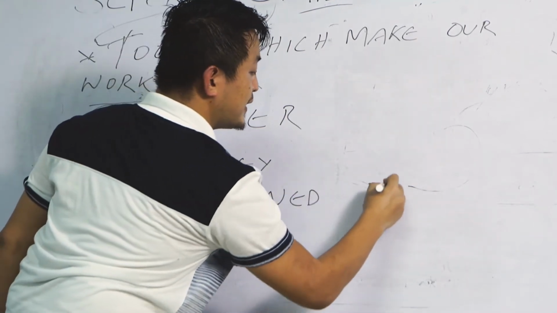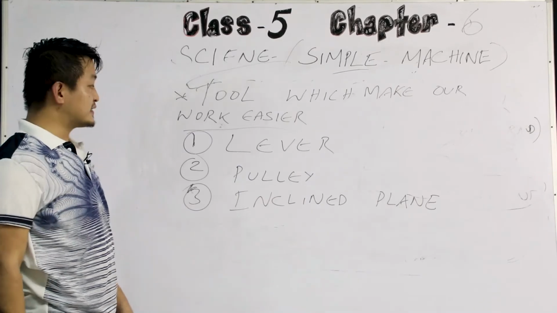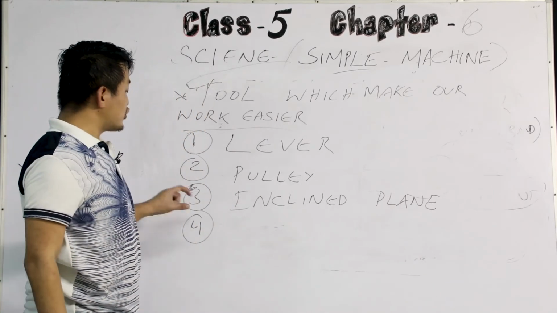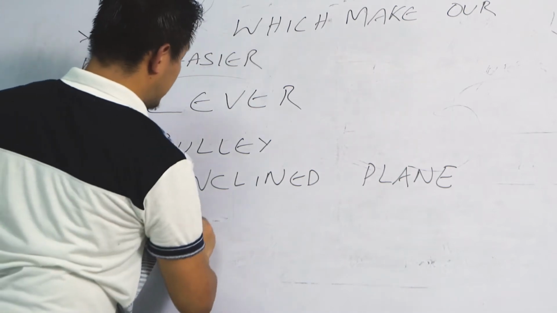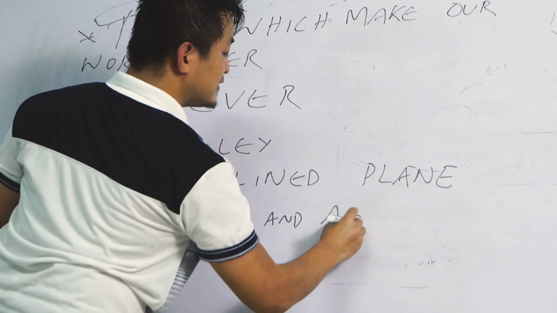Inclined plane. Clear? The fourth type of simple machine would be the wheel and axle.